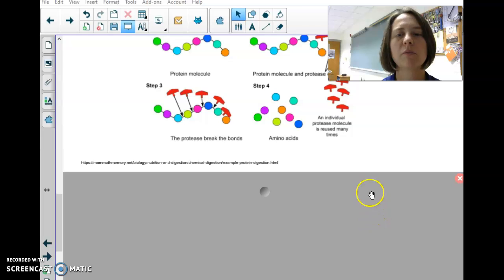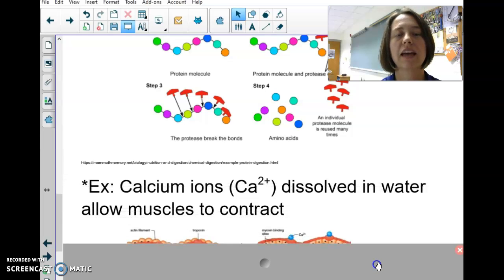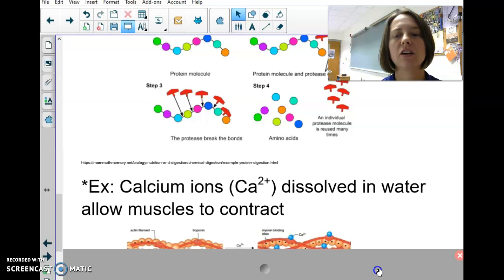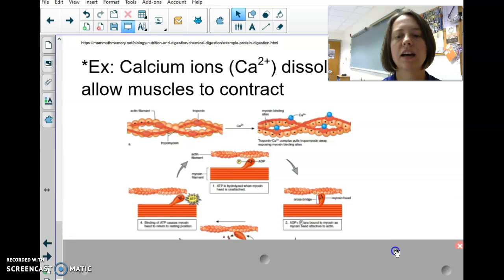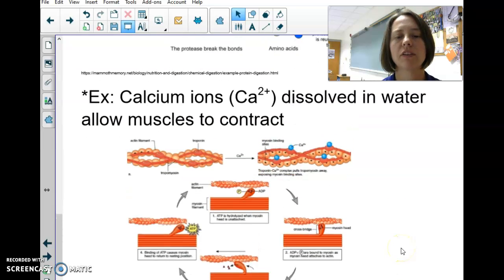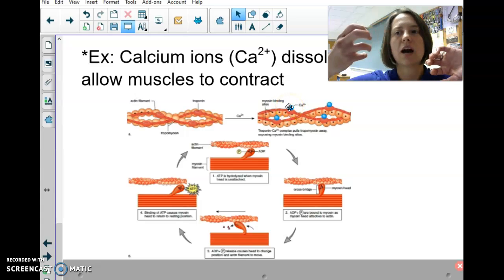Another important chemical reaction that occurs in water in organisms is that the calcium ions dissolved in water allow muscles to contract. Please write that down, and then let's look at a picture of it. If you remember from biology, you have your myosin and actin fibers, and calcium is going to come and sit here and change the conformation.